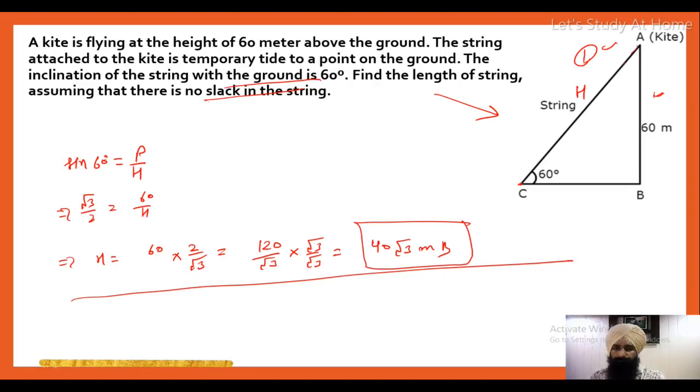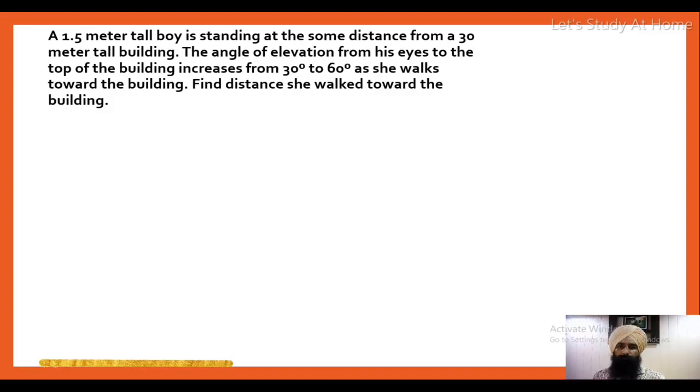Next question, come on. A 1.5 meter tall boy is standing at some distance from a 30 meter tall building, means there is a 30 meter tall building, and a boy of height 1.5 meter is standing some distance from the building. Next, the angle of elevation from his eyes.